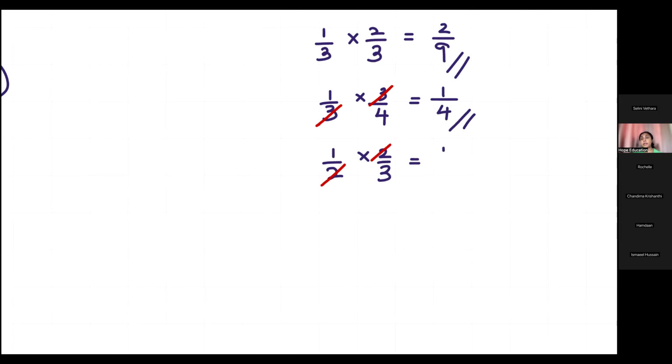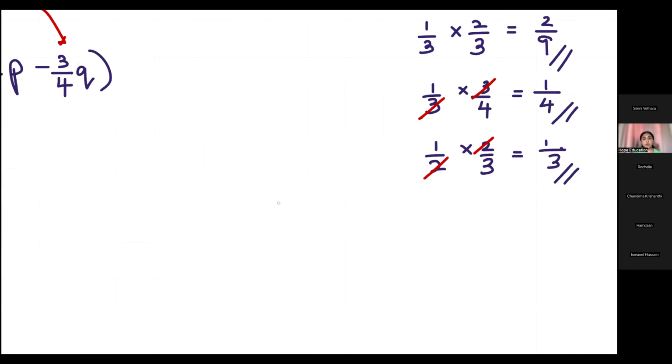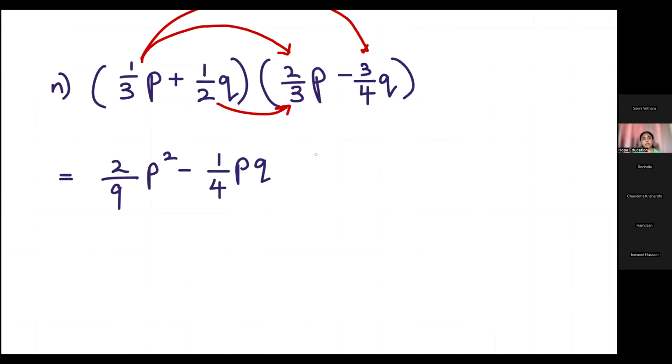For the new denominator we have 3. So answer is 1/3. So 1/2 multiplied by 2/3, answer is 1/3. Here q, here p. q multiplied by p is pq. Here plus, here also plus. Plus times plus, answer is also plus.